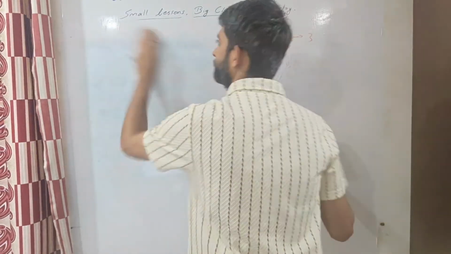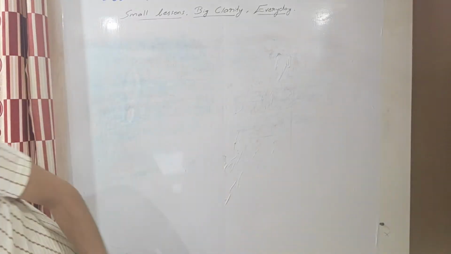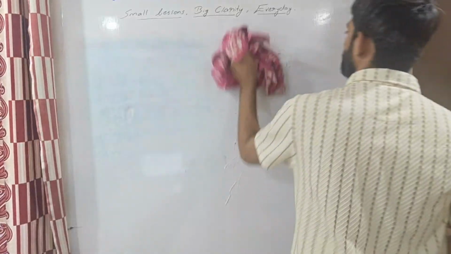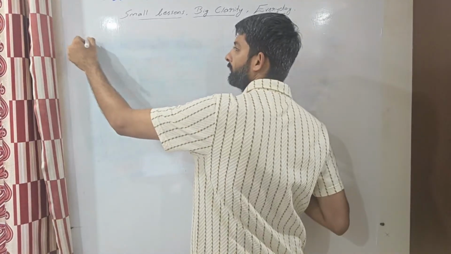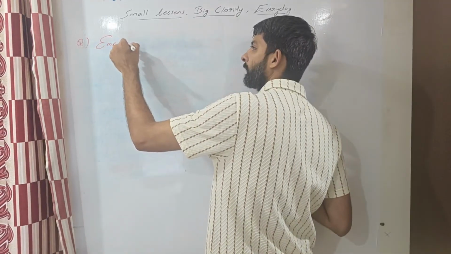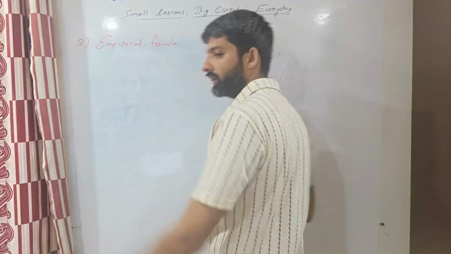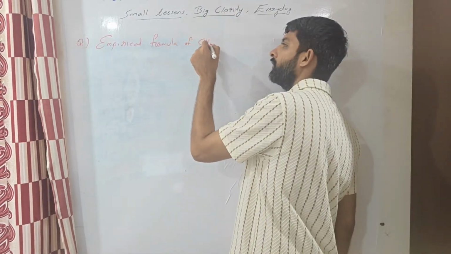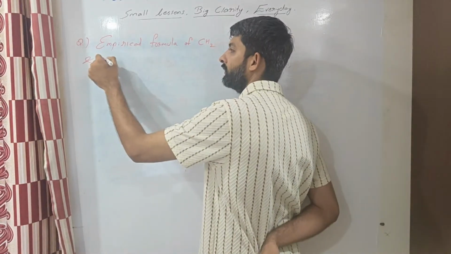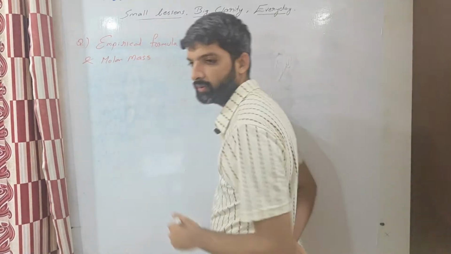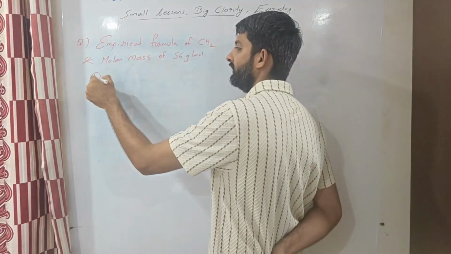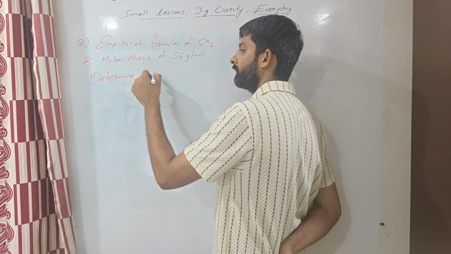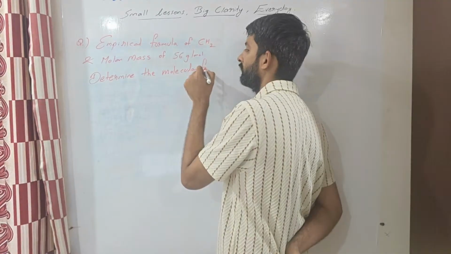Okay, let's solve the next question. An organic compound has empirical formula of CH2 and molar mass of 56 gram per mole. Determine the molecular formula.